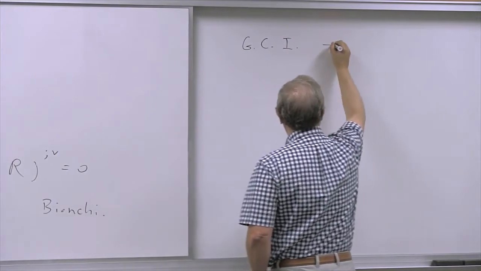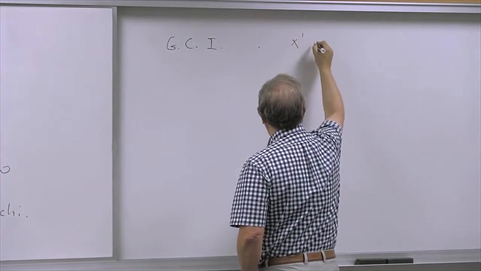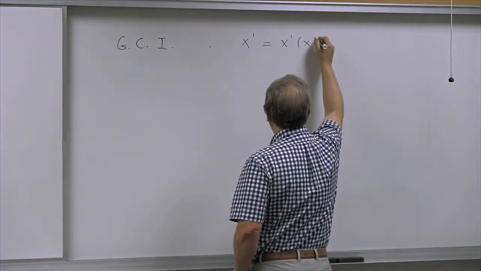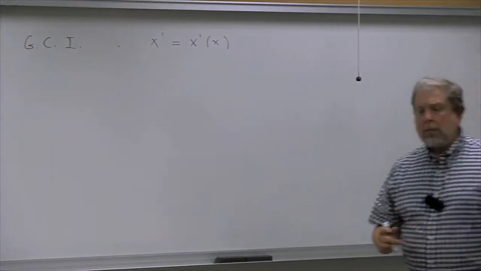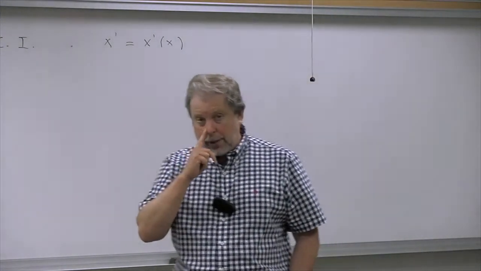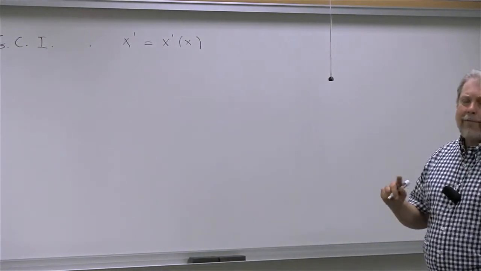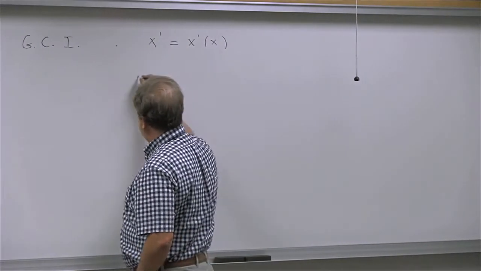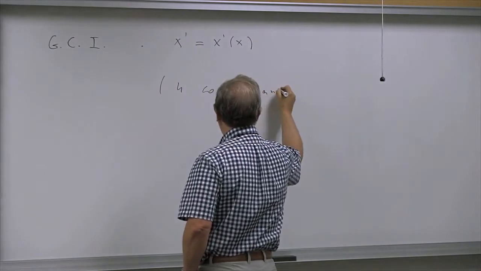General coordinate invariance implies that we can go from one coordinate system to another one by changing coordinates. So that means that we have a freedom to redefine the metric. And as a result of that freedom, we actually have 4 less independent degrees of freedom, because we can have 4 coordinate transformations.